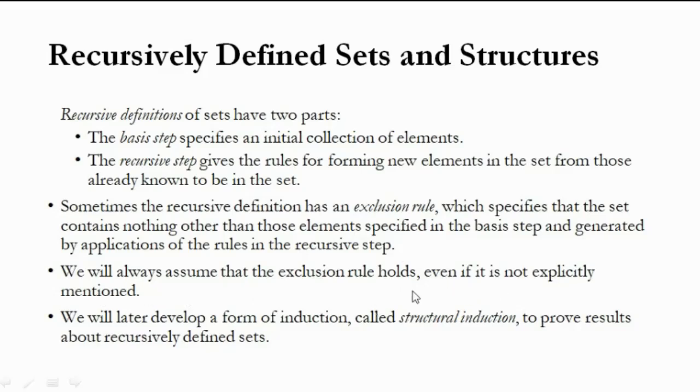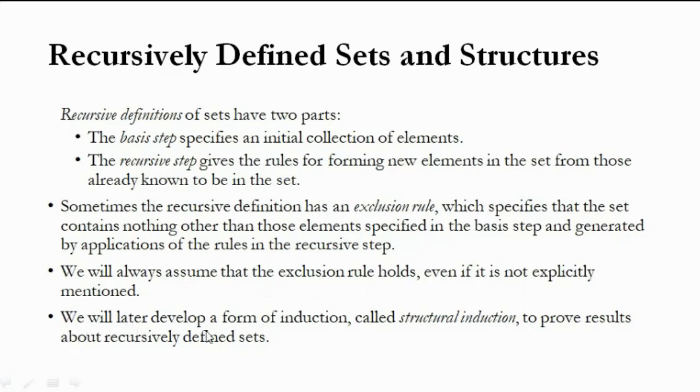Remember, if you make a factorial program of 5 factorial, the value will be decremented like 5, 4, 3, 2, 1. Once it achieves 0, afterwards there is no further decrement, because it has already achieved 0, and we have already mentioned the initial step that if n is equal to 0, then return 1. That is the reason we will always assume that the exclusion rule holds, even if it is not explicitly mentioned.